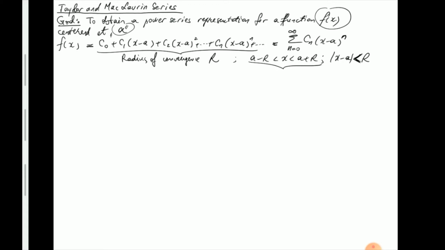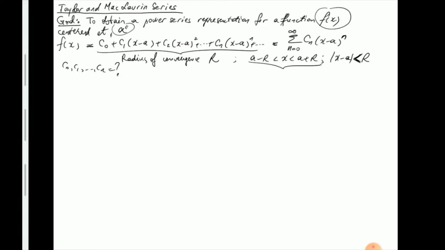We're going to focus in today's lecture on how to actually obtain these coefficients, because that's truly the unknown at this point. And then, of course, you could also find the radius of convergence, although for most of the applications today, I'm going to just take it for granted. The radius of convergence, we will basically take it for granted, in the sense that I will mention what it is.